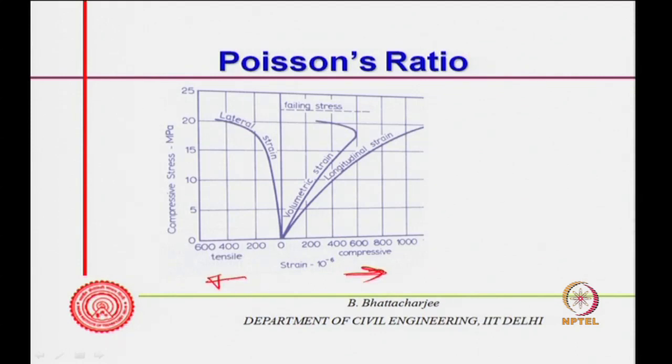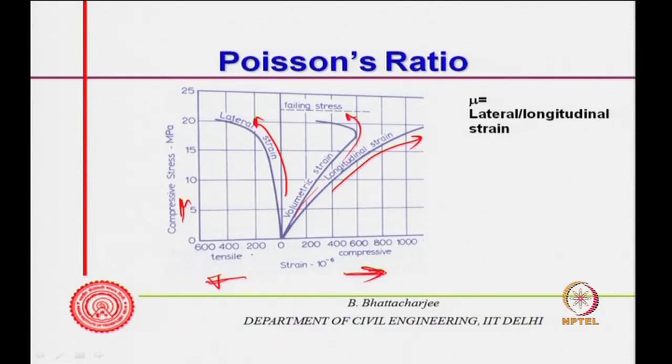This is the longitudinal strain, this is the volumetric strain that we talked about earlier with ultrasound pulse velocity and acoustic emission, and this is the lateral strain, which is in the opposite, tensile direction. So, mu is defined as lateral by longitudinal strain.